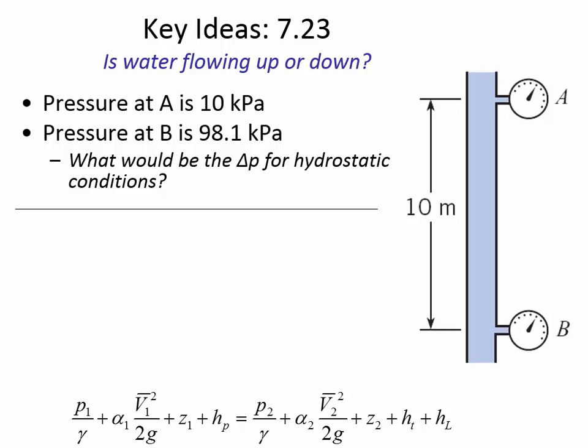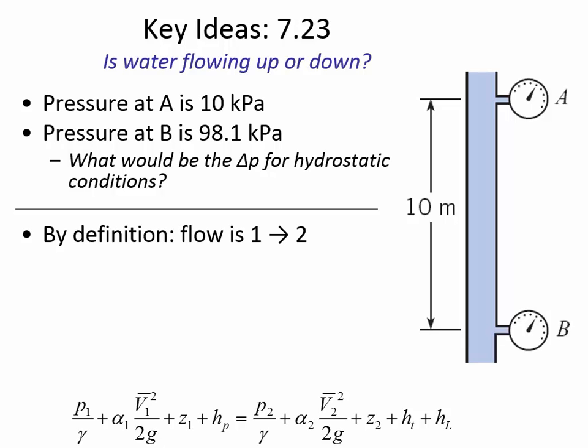And so you should be able to predict the pressure change if the water wasn't moving at all using the hydrostatic equation. But since it is moving, there are going to be head losses, H sub L. And so you can just assume one direction, and if your head losses are positive, then that tells you that you assumed the correct direction.